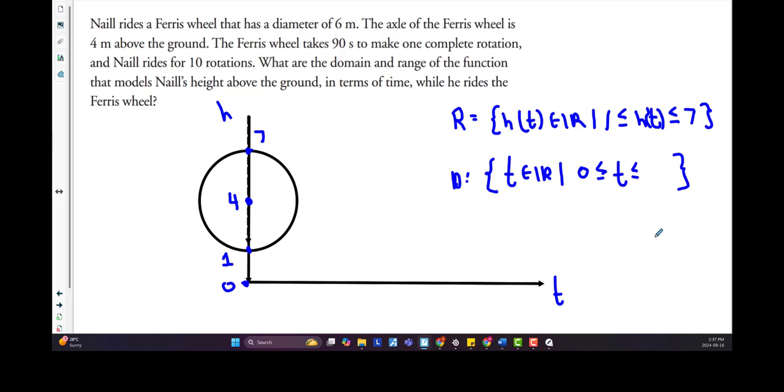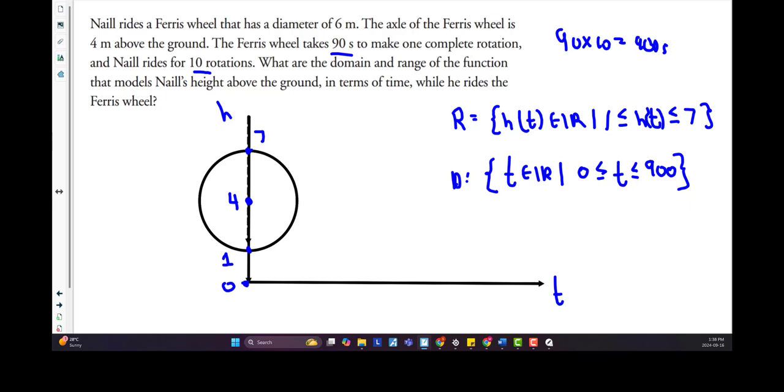How long is Neil going to be on this ride for? Well, it takes 90 seconds to make one complete rotation, and Neil was on it for 10 rotations. So 90 times 10 is 900 seconds. Depending on what unit they want, in this case, let's say seconds, the domain is between 0 and 900, and it's equal to 0 and 900 because there's no limitation. There's no reason why time can't be 0 seconds or 900 seconds.